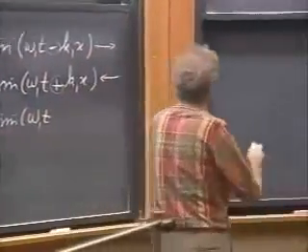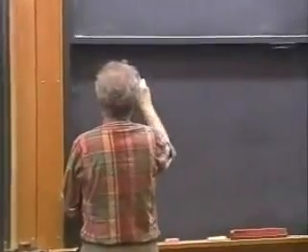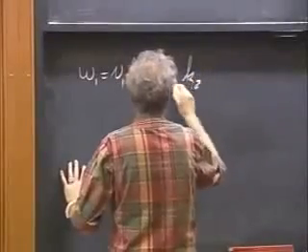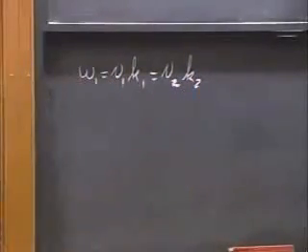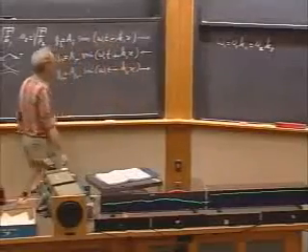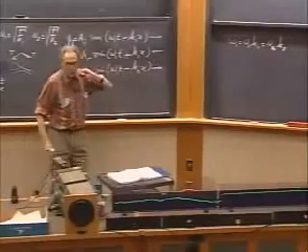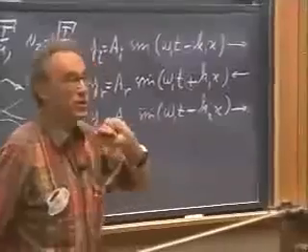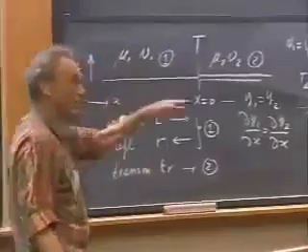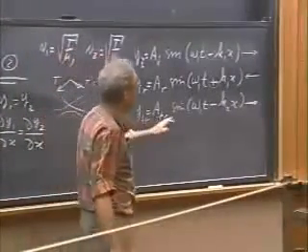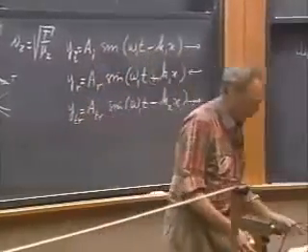In other words, omega is v1 times k1, but it is also v2 times k2. It's the same omega. And so I get here minus k2 times x. So this goes into the second medium. The minus sign indicates it's going in this direction, but the k2 is different because the speed is different, because v2 is different from v1. And so with the same frequency, I get a different value for k.